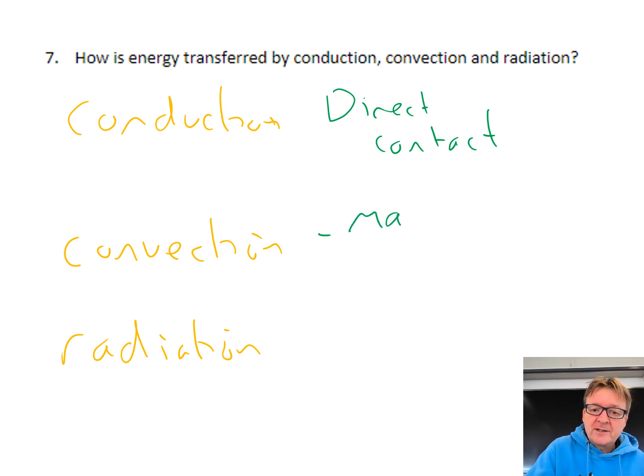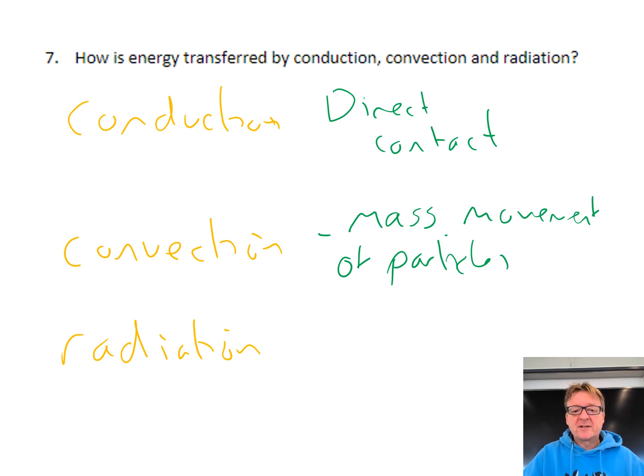Convection is the mass movement of particles. Often it says heat rises. So for convection, heat rises. If you've got hot water, you can feel the heat above it. That is the convection that comes off. But it's the mass movement of particles, and in a simplistic way, it is heat rises.